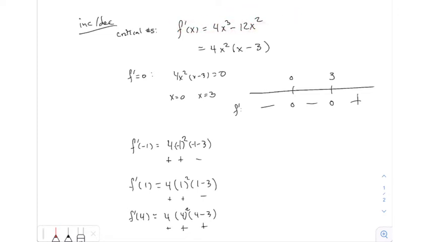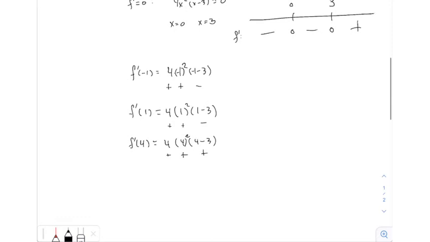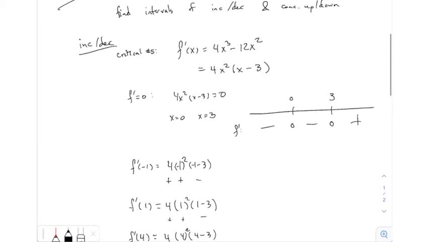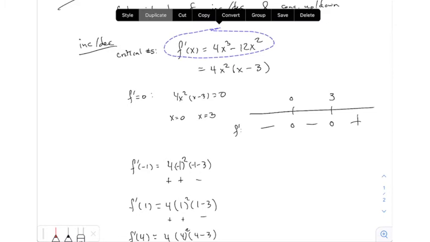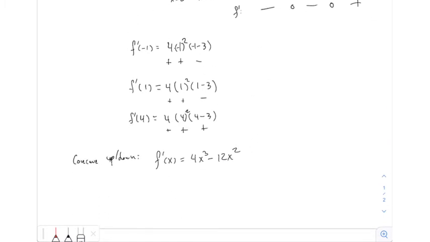If you want to use the second one, you have to use the product rule, which I don't want to get into. So I'm going to use the first form of that right now. So now I'm going to do concave up / down. And I will grab this again. So starting with the first derivative, I'm going to take the derivative again. So it is f double prime of x equals 12x squared minus 24x.